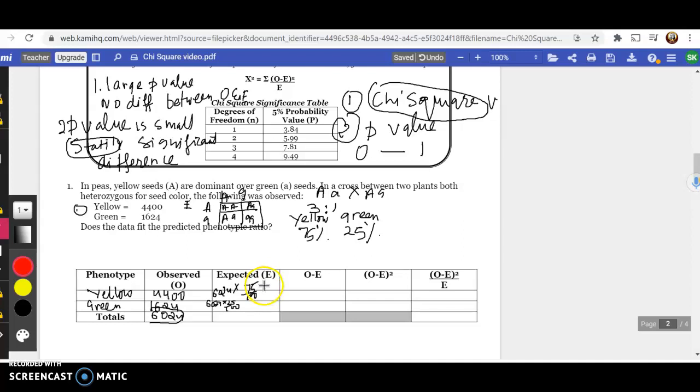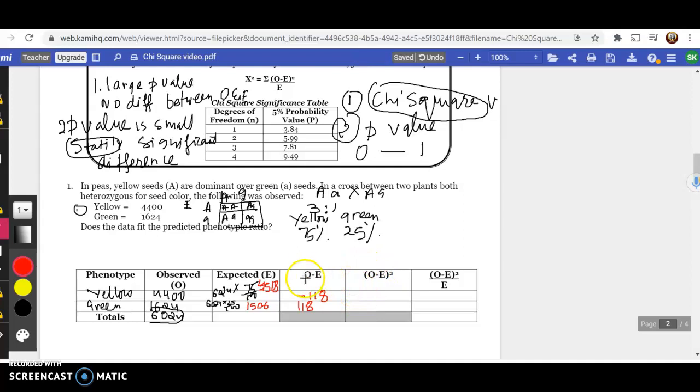So this expected value is going to be 4518, and for green is going to be 1506. So when you subtract the expected value from the observed value, here you're going to get negative 118. And when you do this, again, you're going to get positive 118.